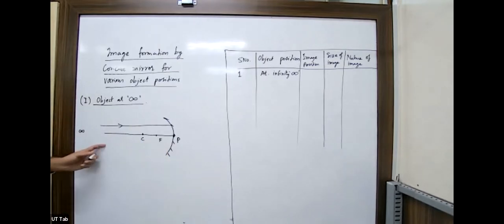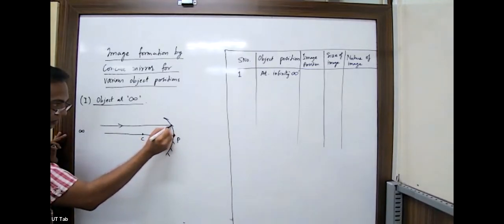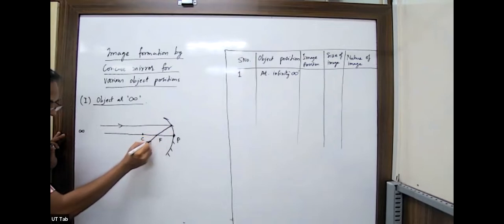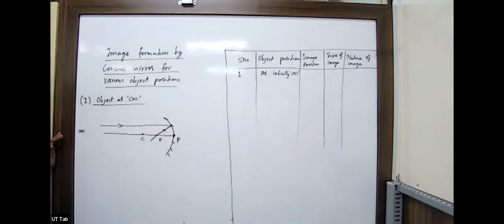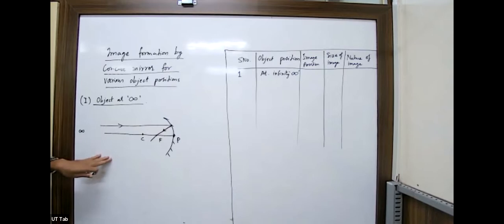Now I had explained, whenever the ray is incident parallel to the principal axis, from where will it pass after reflection? Focus. Okay. So you will draw this line. Right. And you will mark the reflected direction. Very important. Incident direction towards the mirror, reflected direction away from it.